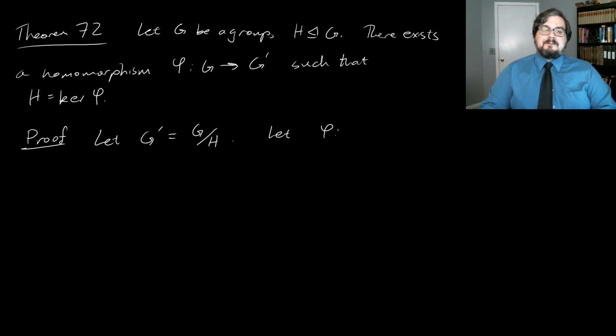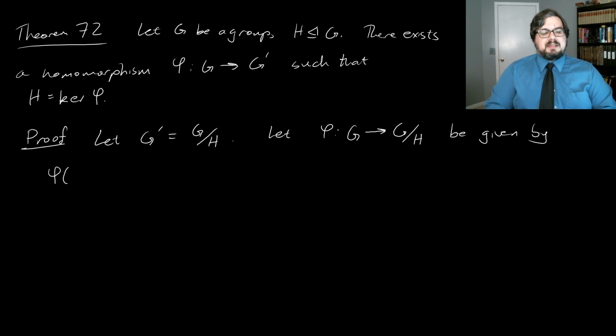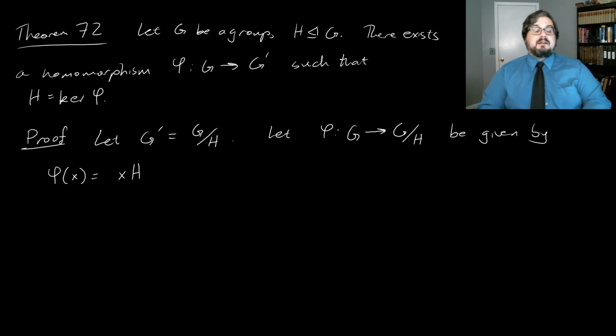And let phi be the function from G to G mod H given by phi of x equal to xH, where xH is, of course, the coset of H with representative x.